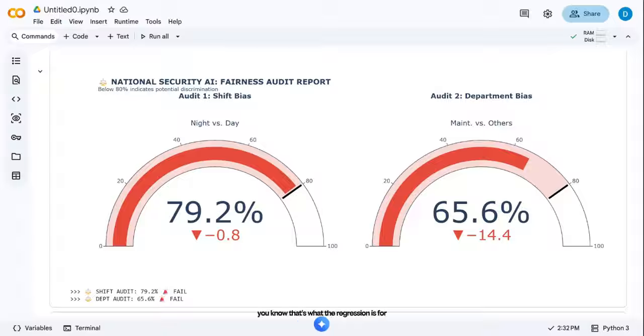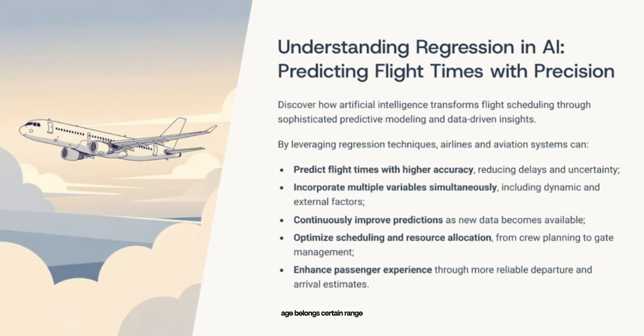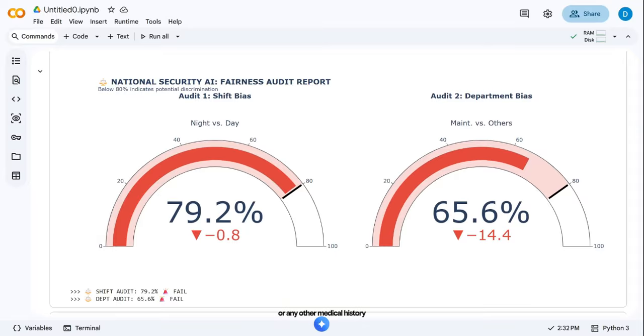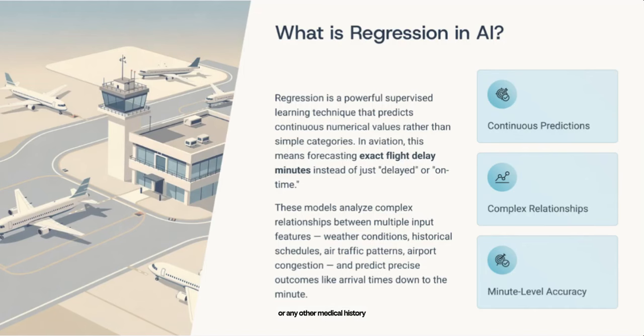That's what regression is for. And so with regression, you can predict someone's life expectancy. How long will this person live? If you have features like this person's age range, and then the health habits and the diabetic history or any other medical history.